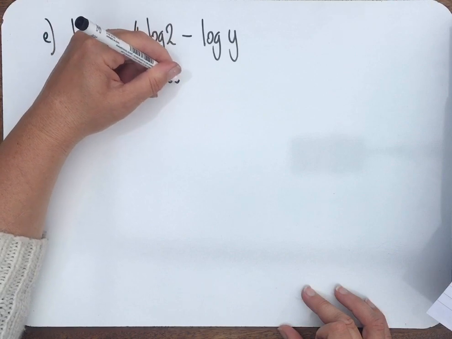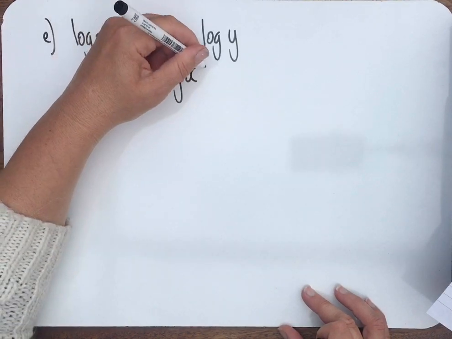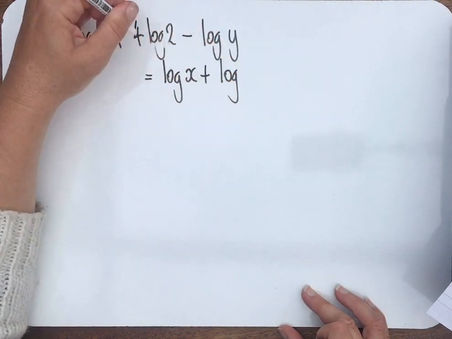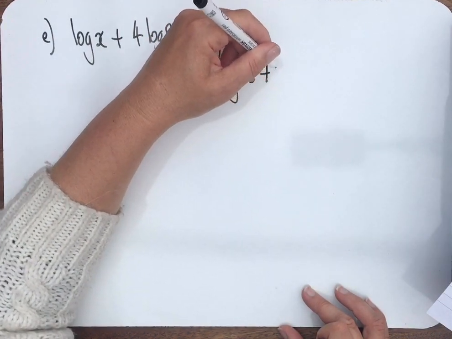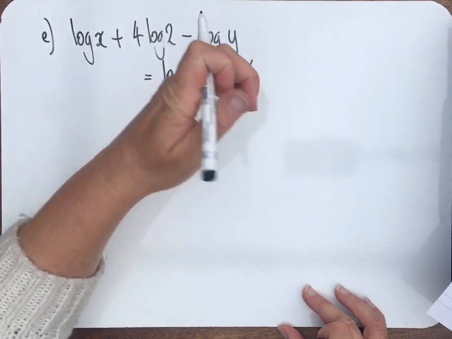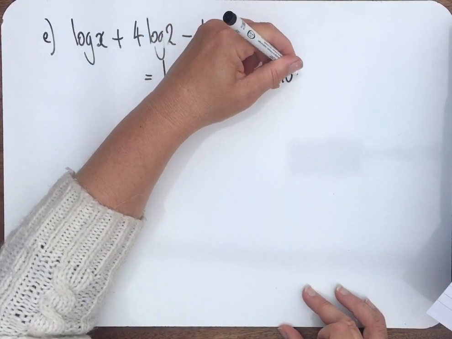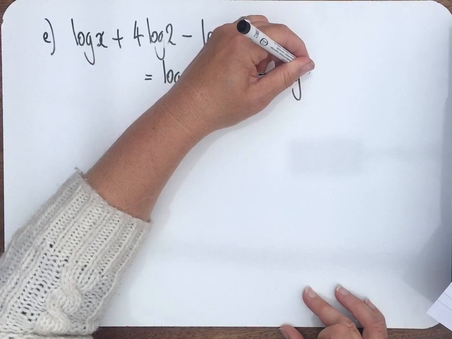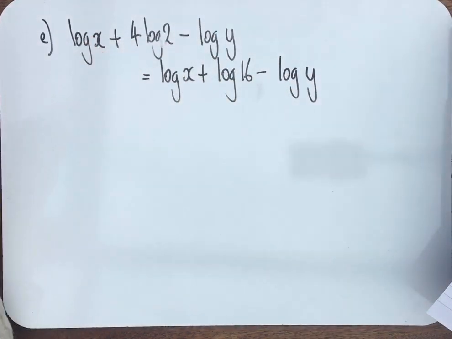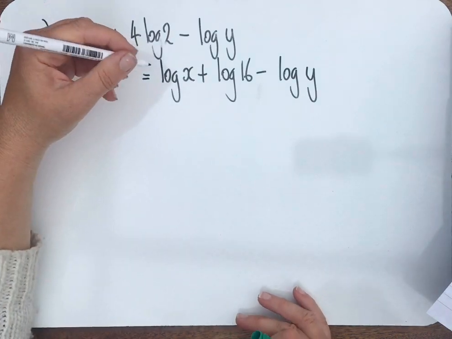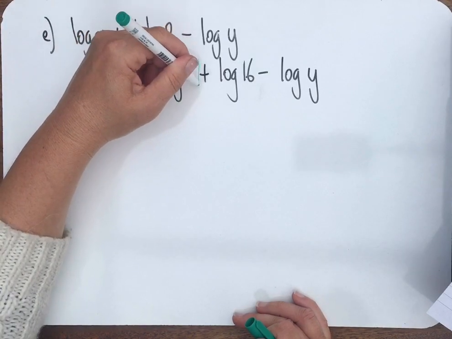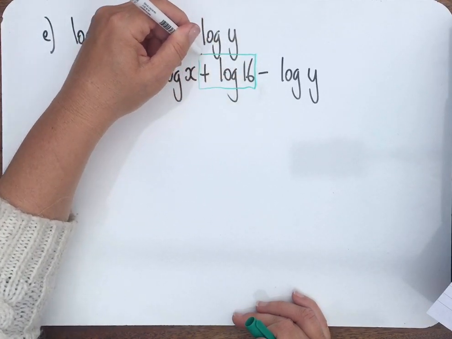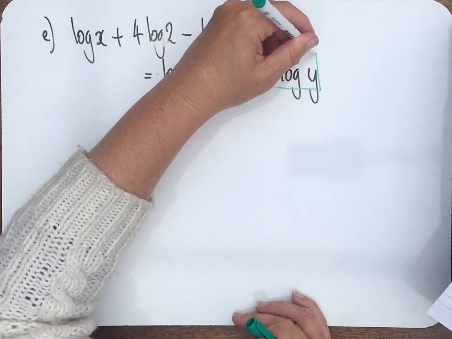So log x plus log of 2 to the power 4, which is 16, minus log y. And then I would suggest if you've got a whole string like this, you can just work left to right first, but you need to think like usual. So you wouldn't write in a plus, but that's a positive log x, and then this plus belongs to the log 16 and the minus to the log y.